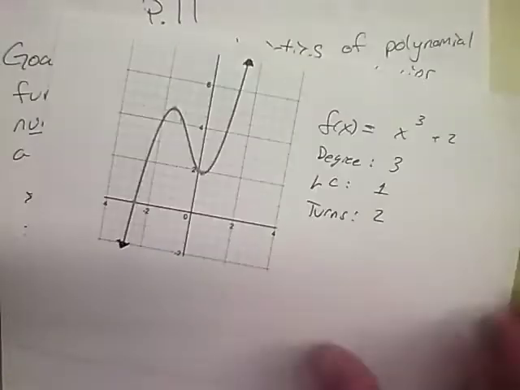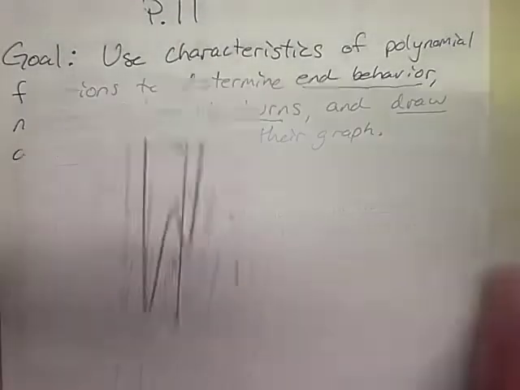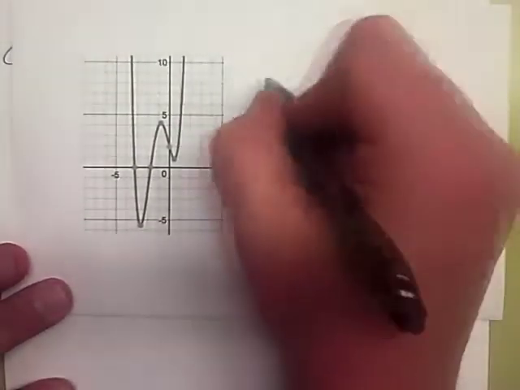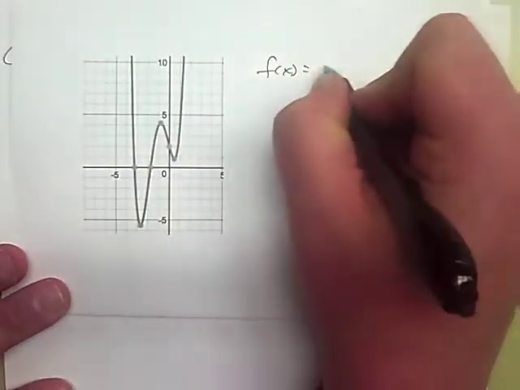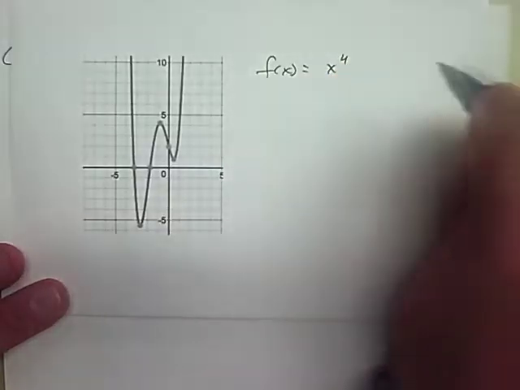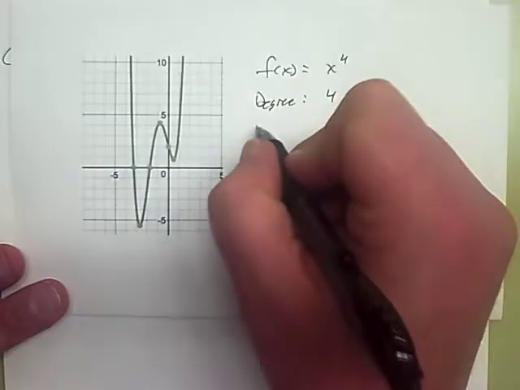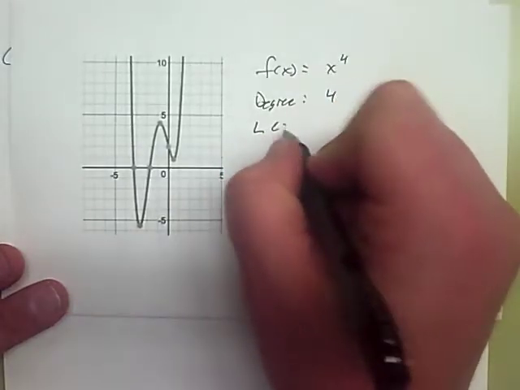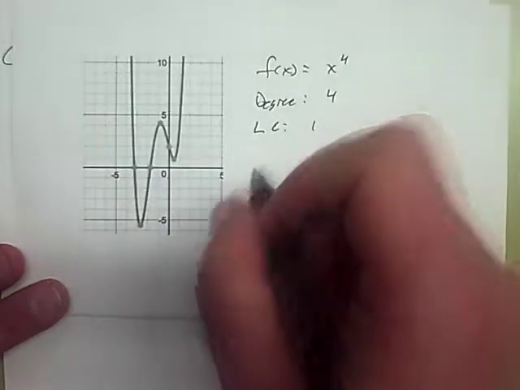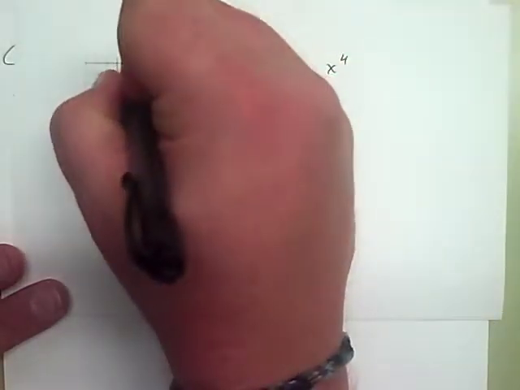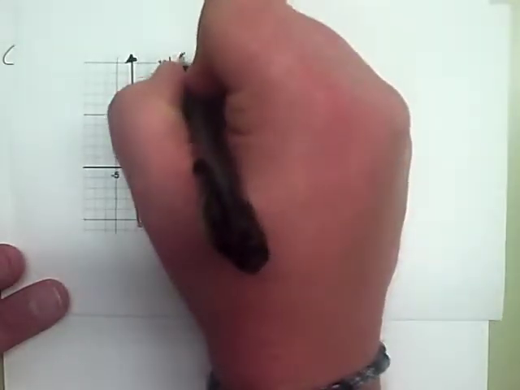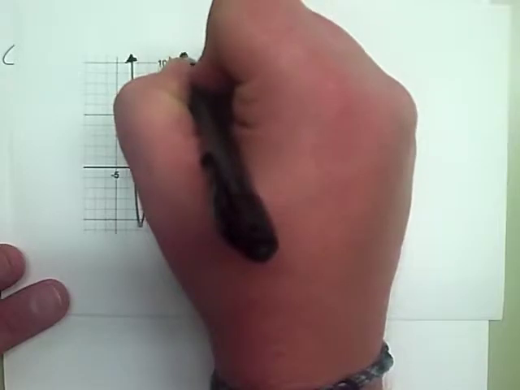Let's take another look at another one here. Here's a function, x to the 4th. So the degree is 4. Again, my leading coefficient is just a 1. And now let's take a look. Here my arrows have one going that direction, another one going that direction.